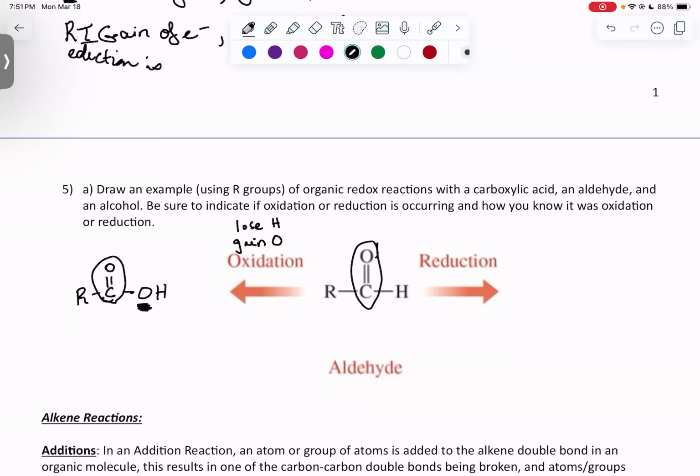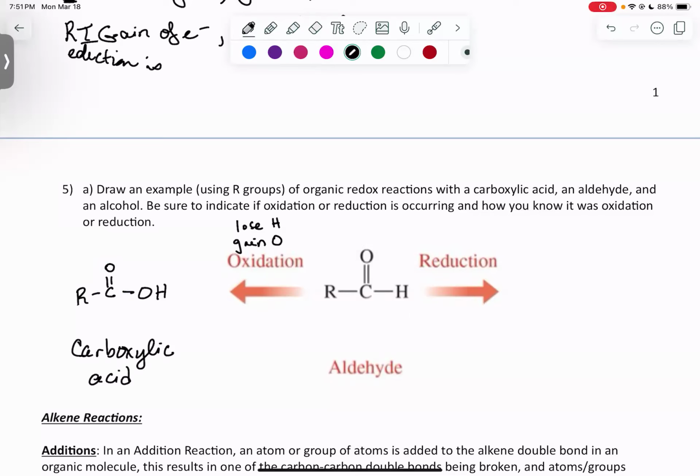This carbon double bonded to the oxygen in the carbonyl has not changed. What I've done is, in place of having a hydrogen here, I now have a hydroxyl. So I have gained oxygen. So that gain of oxygen allows me to make something that has a carbonyl, and that carbonyl carbon is bonded to a hydroxyl. And so we call that a carboxylic acid.